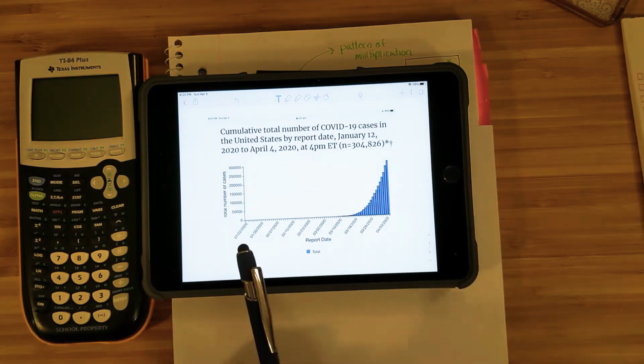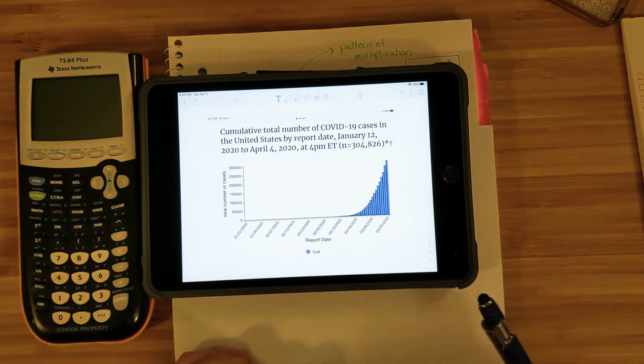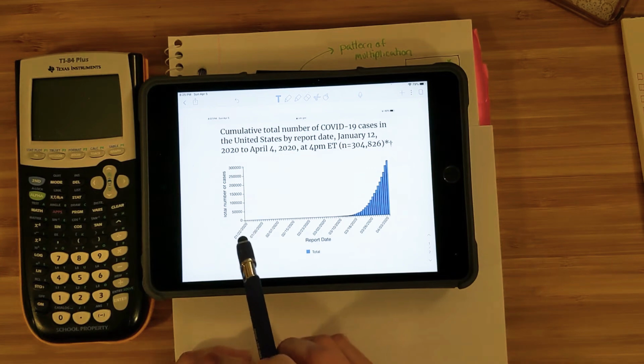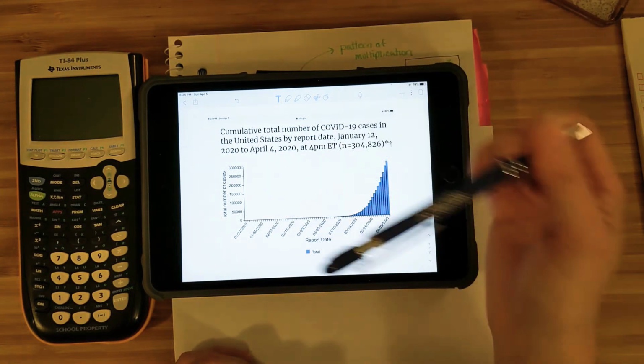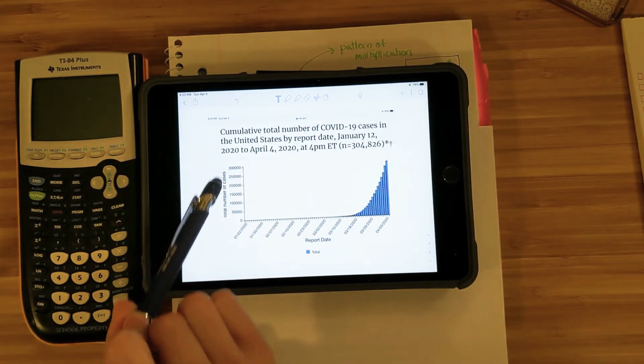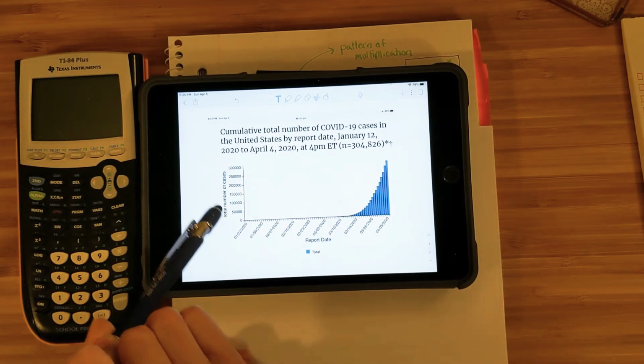Okay, now you might be thinking, why would they even include this portion of the graph? There's nothing actually going on. All right, but actually what's here in the first few spots in January, we had 1 case of COVID-19. And that 1 case is such a small number that you literally can't even see the block that they drew on their graph, because our y-axis in total number of cases is all the way in the hundreds of thousands.